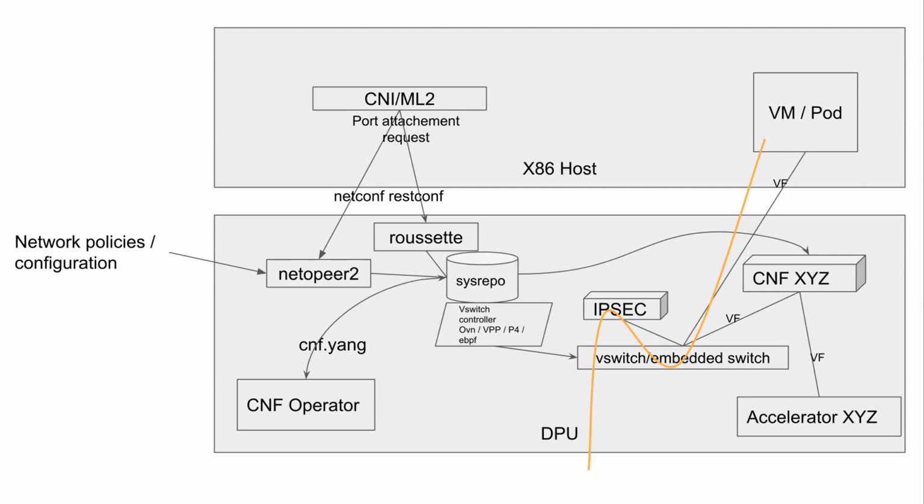Or if we were to leverage Calico plugin APIs to try and leverage data paths from there, then I don't know whether RESTConf, NetConf will align with that. The same thing with Cilium. So I'm taking these three CNIs as primary, but there may be more CNIs than these three.